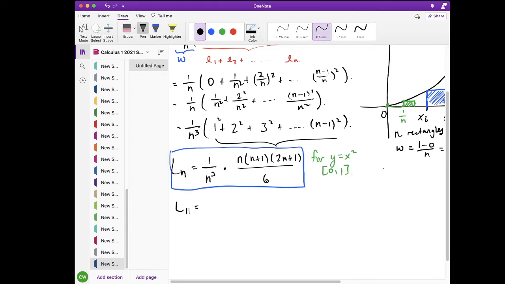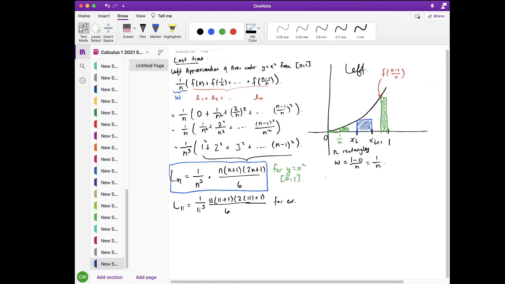So 1 over 11 cubed, and then 11, 11 plus 1, 2 times 11 plus 1 over 6. That would give you the estimation of the area using 11 rectangles.